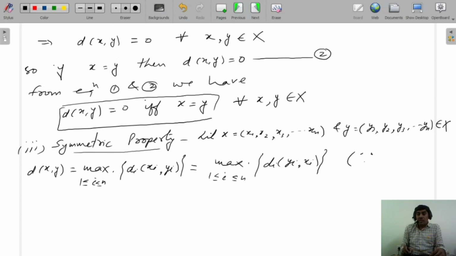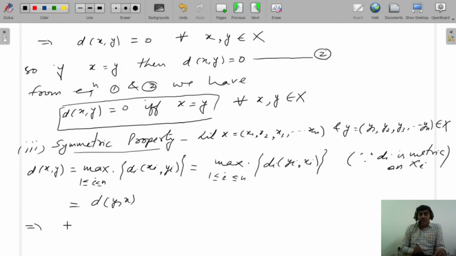because di is metric on Xi. Which is equal to d(y, x).